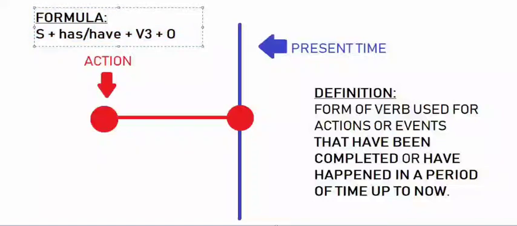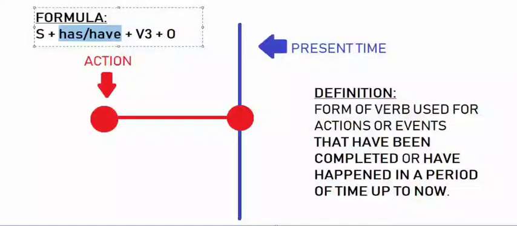Now let's talk about the formula of the sentence structure. It will be subject plus has or have plus V3 plus object. So as soon as these two words get introduced in any sentence, you have to understand that this form of tense is not a simple one, but something else.